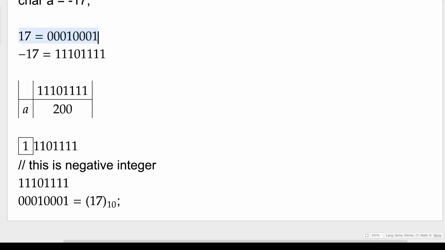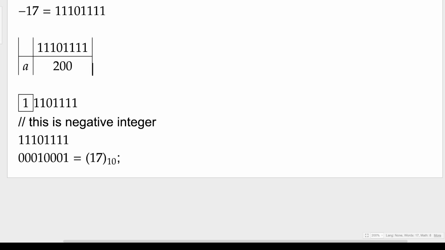So you take this number and convert into 2's complement form. That means you start from the rightmost bit and copy the bits as it is till you encounter the first one. So in the very first place itself, I encountered first one. After that, flip all the bits, and this is the 2's complement representation of minus 17, and this is how it is stored in memory in 8 bits.